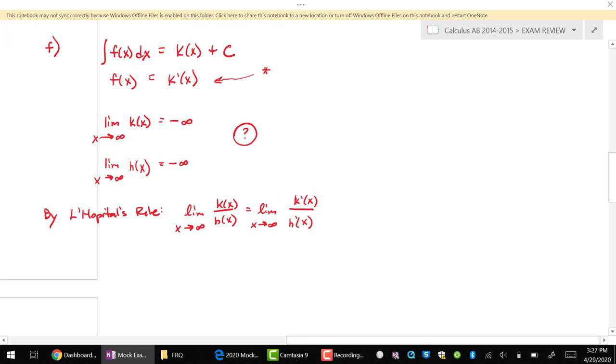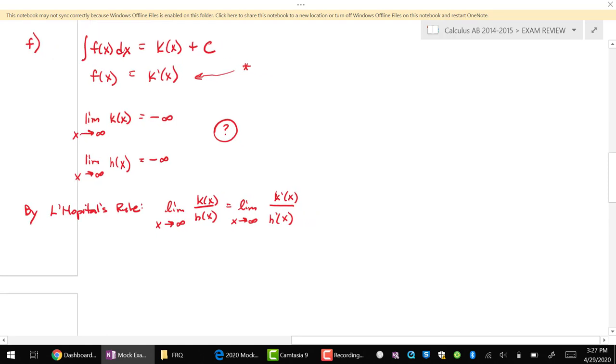But we established earlier here that if k is an antiderivative of f, then k prime is equal to regular f. So substitution, regular f divided by h prime. Now what does that equal? So the limit as x approaches infinity of the derivative of h, that's going to be -8.